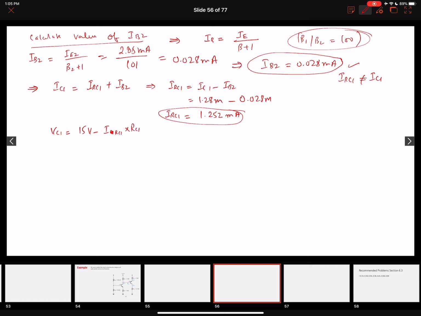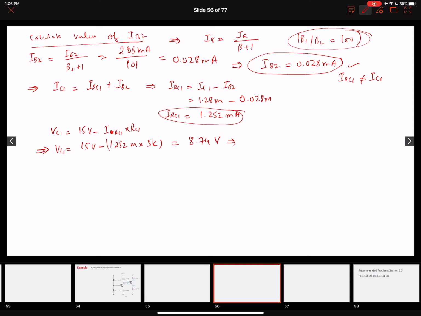So this should come out to be 15 volts minus 1.252 milliamperes into RC1, which is 5 kilo ohms. So the answer for VC1 comes out to be 8.74 volts. Okay, so this is the new value of VC1 that we got.